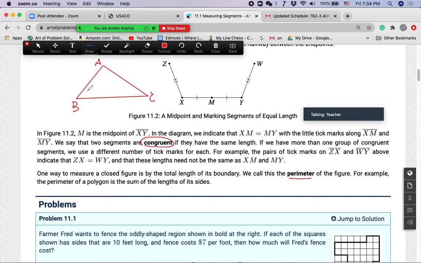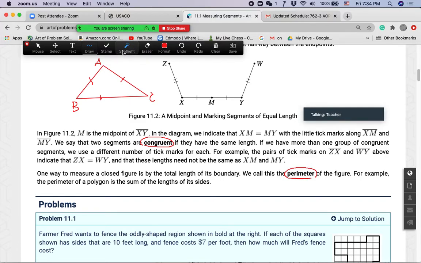This is called a closed shape. Any closed shape will have a perimeter. That means you add all the lengths of each side of this closed shape, then you get a number, and this number is called the perimeter.